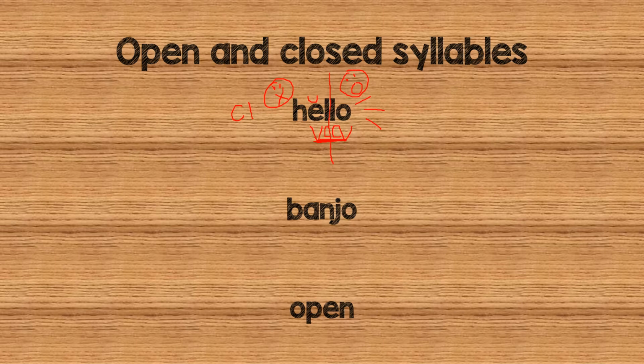Now let's look at banjo. B-an, ban, j-o, joe, banjo. I'm going to mark my vowels, make my bridge, put my two consonants in the middle because there's an N and a J, and then I'm going to divide right here in between the two C's. So first syllable, b-an, ban.